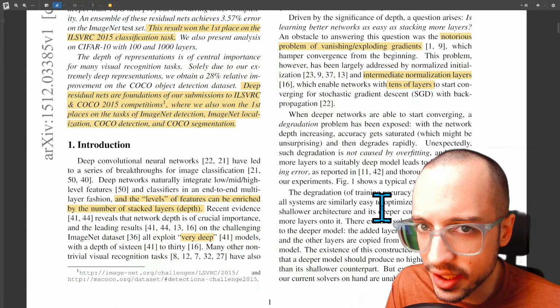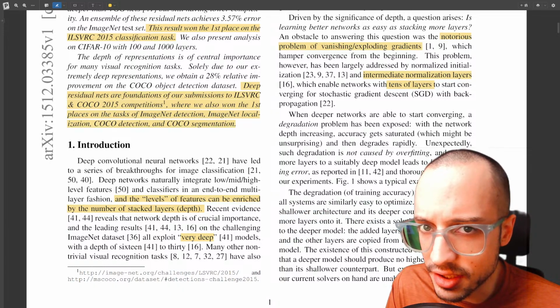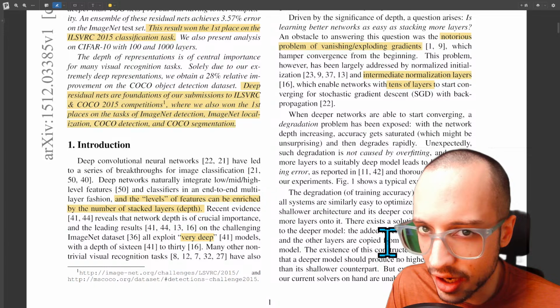The degradation in training accuracy indicates that not all systems are similarly easy to optimize. Consider a shallower architecture and its deeper counterpart that adds more layers. There exists a solution by construction to the deeper model: the added layers are identity mapping, and the other layers are copied from the learned shallower model.